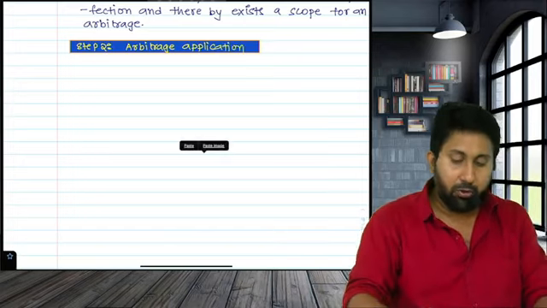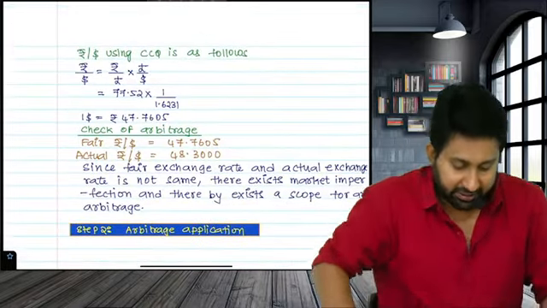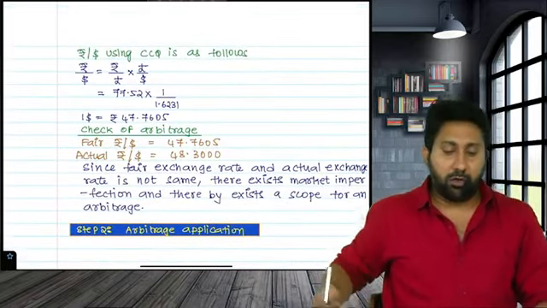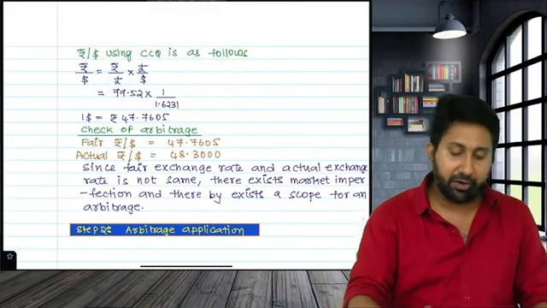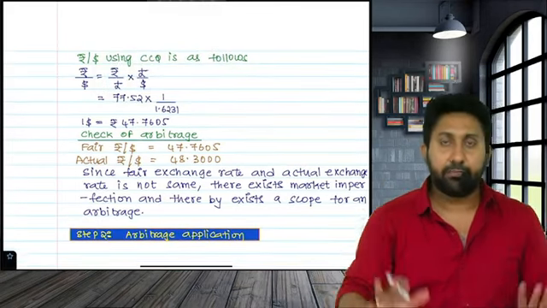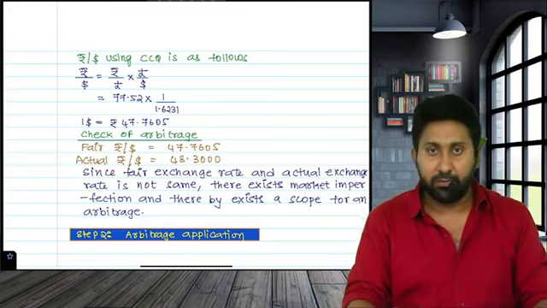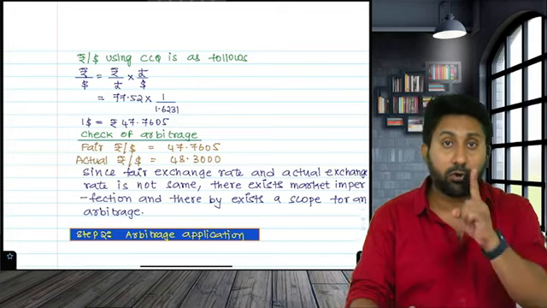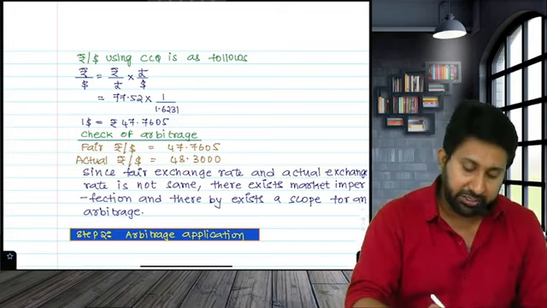Okay, how to apply the arbitrage? Don't mug up the concept. See there, first use the cross currency quotation formula only to calculate the arbitrage gain. First thing, how many dollars does the arbitrager have with him? He has 1 crore dollars.